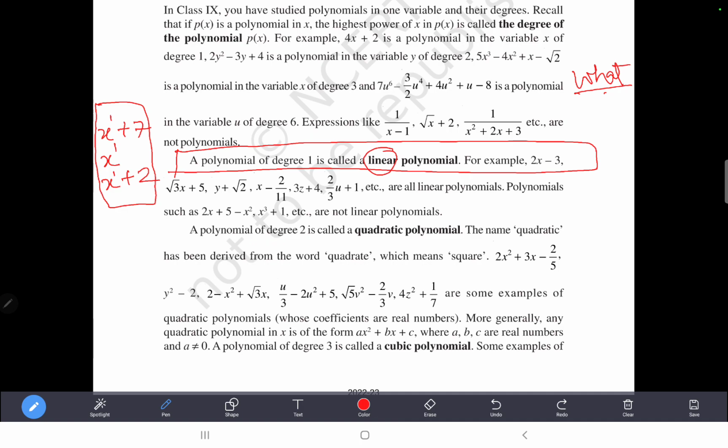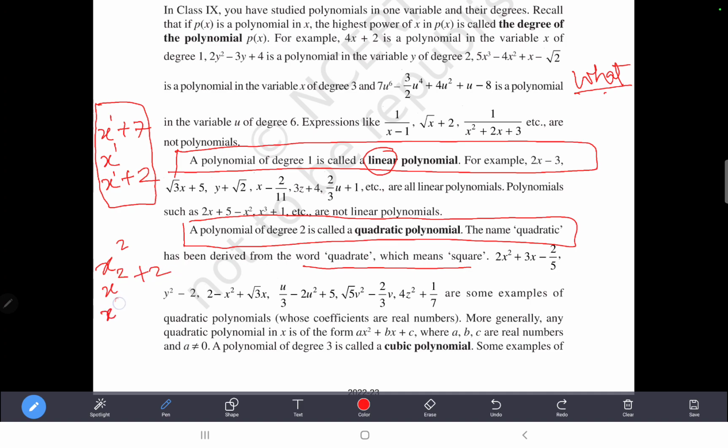And if the degree is 2, it is called quadratic. It is a name because quadrate means square, x square. So x square plus 2, x square plus 2x plus 2, all are quadratic because the degree of polynomial is 2, and degree of polynomial means the highest power of variable in a given polynomial.